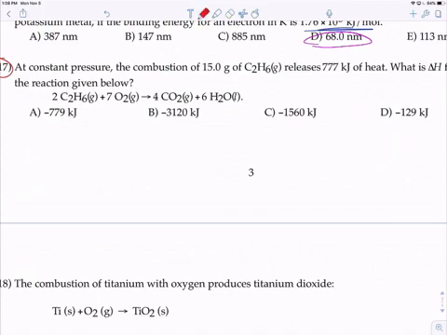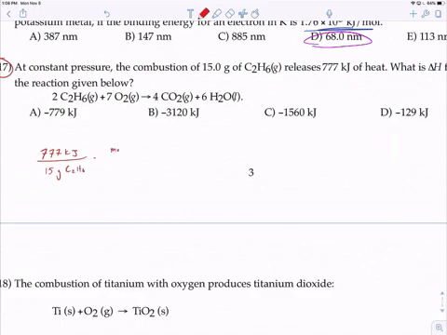Okay, so 777 kilojoules per 15 grams C2H6 times mole.